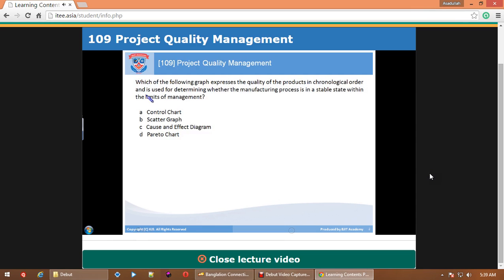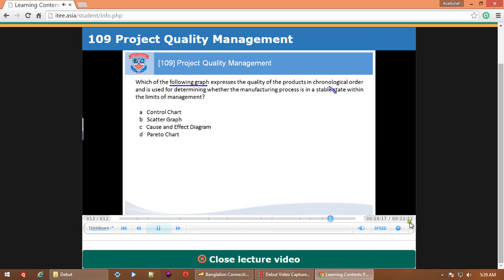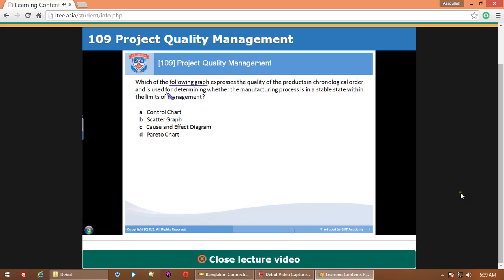Let's come back to the question again to find out the answer. The question says, which of the following graphs expresses the quality of the products in chronological order and is used for determining whether the manufacturing process is in a stable state within the limits of management?